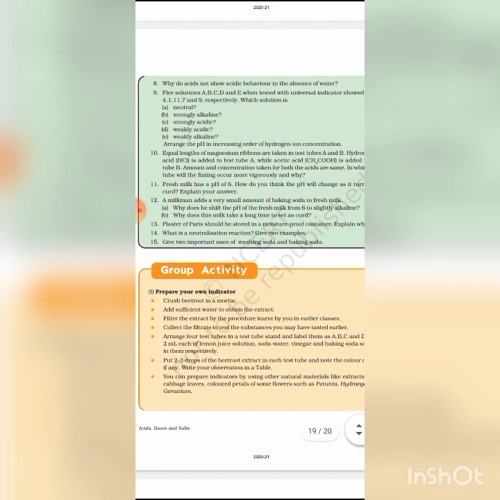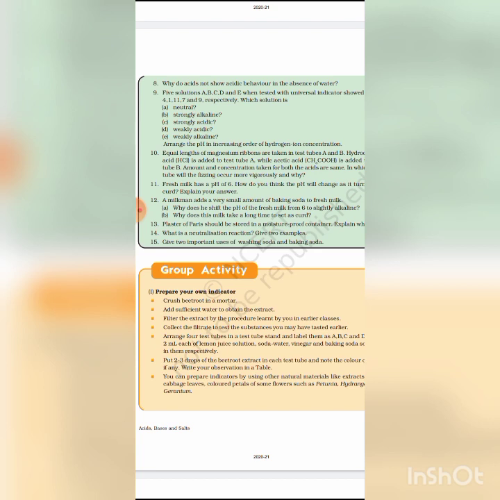Give two important uses of washing soda and baking soda. Washing soda, that is sodium carbonate, contains 10H2O. It is used for softening hard water, and in paper, paints and textile industries. So student, these are the important uses of washing soda.